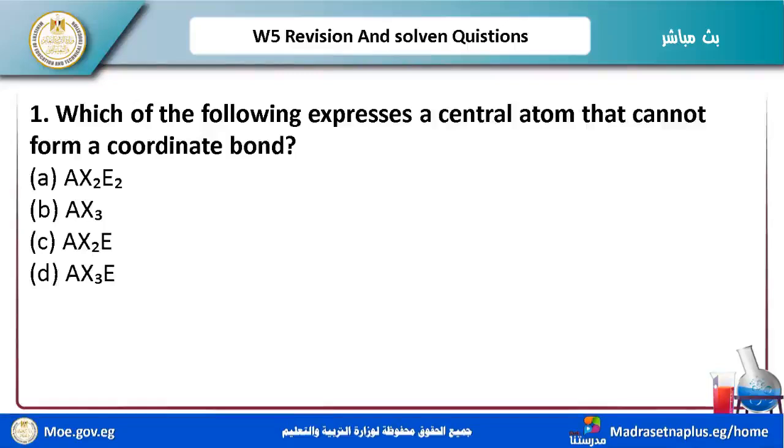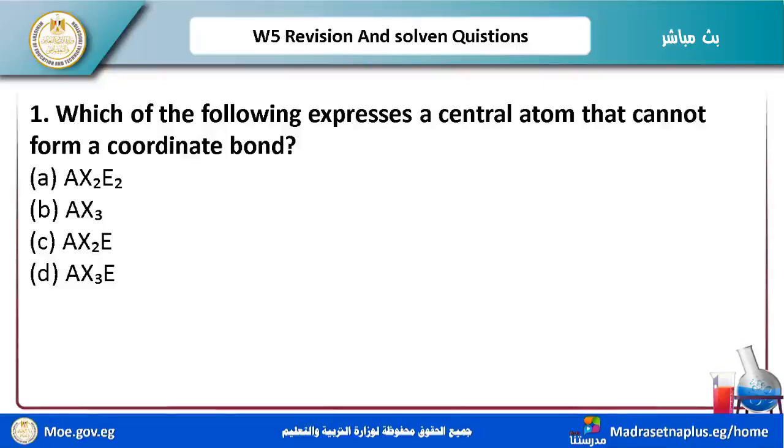After distribution, you can define the number of bond pairs and lone pairs in these atoms. You can write it by the electronic configuration of this central atom. If you have lone pairs, these atoms can make coordinate bonds. If you have no lone pairs, these atoms cannot make coordinate bonds.